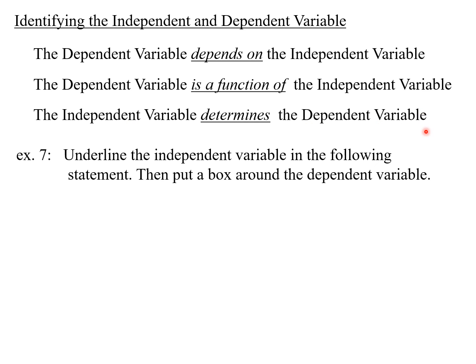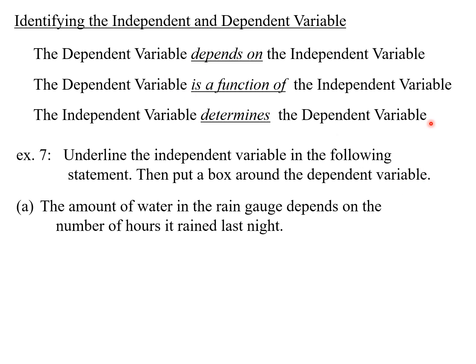Let's apply that to some statements. Now, if you don't want to memorize this, there's another way to do it too. Just ask yourself a question. We have two variables here: the amount of water in the rain gauge and the number of hours it rained. Which determines the other? Does the amount of water in the rain gauge depend on the number of hours it rained, or does the number of hours it rained depend on the amount of water in the rain gauge?